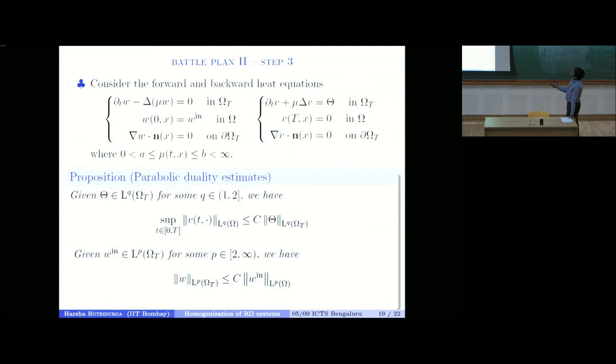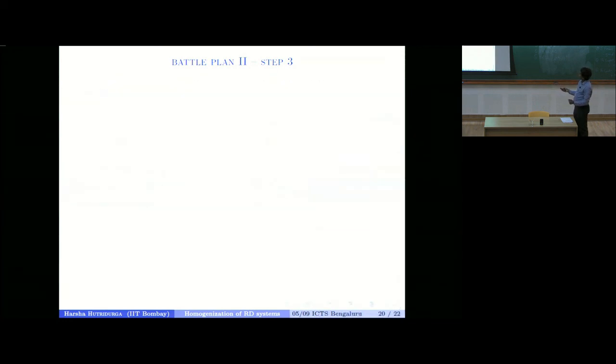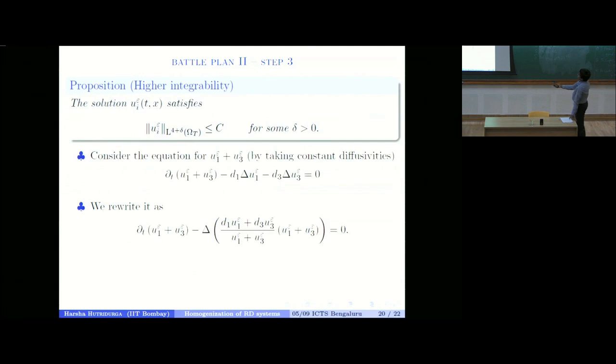apologies, yeah, you are in this structure, dtw minus Laplacian of mu times w, where mu, because you have got all these bounds on u1 and u3, is bounded away from 0 and bounded from above, okay? Because it's just d1 u1 plus d3 u3 over u1 plus u3.